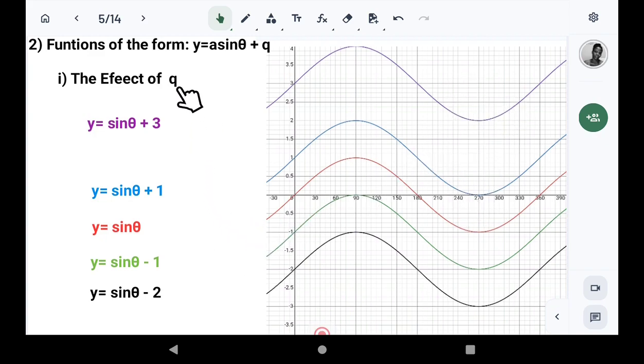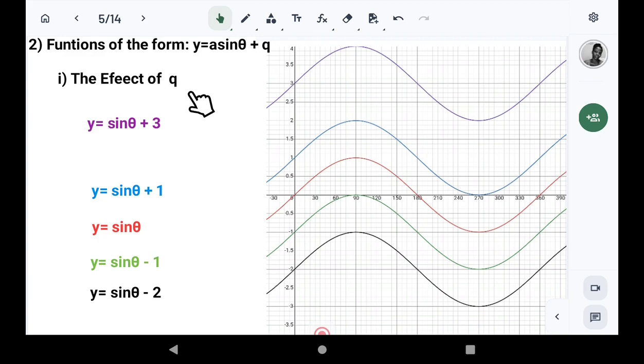What happens when your q is negative 1? Everything is pushed 1 unit down. There is the green graph. Pushed 1 unit down, and then negative 2 for q pushes this original red graph, y equals sine theta, 2 units down. Notice that your y-intercept is 0 degrees, negative 2.